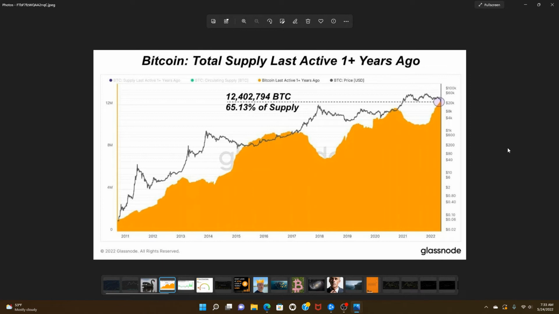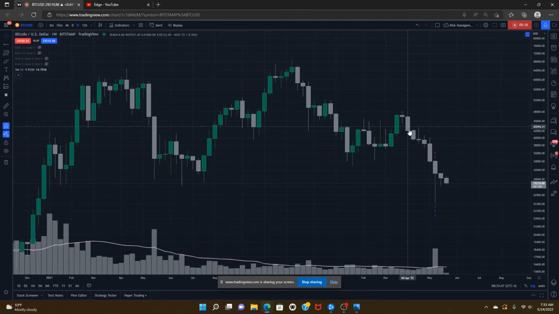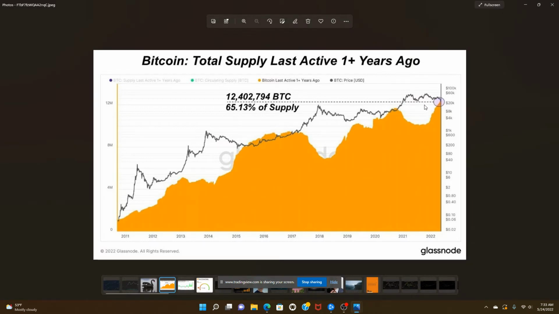I think it was at 64% before the recent move down below the summer 2020 lows. And now we're seeing it push up above 65%. So during the last few weeks of price action, right? When we go back to the price chart, we're talking about these record down weeks. During that period of time, the illiquid supply has steadily increased from 64 to 65%.